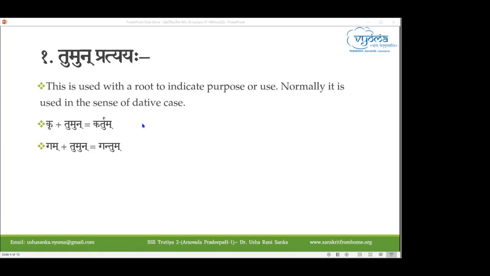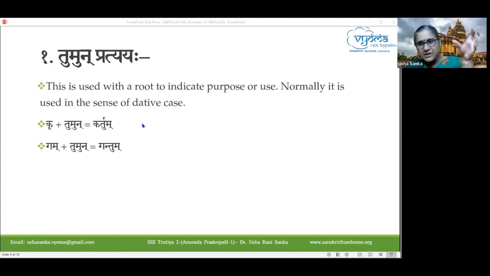Thank you. I'm just asking about the structural change at the word level, not at the meaning level, not the semantics. This question is on the word structure, morphology. Somebody answered in the chat. Yes, that is the answer. The r changes to ar. So kar, the guna has happened.